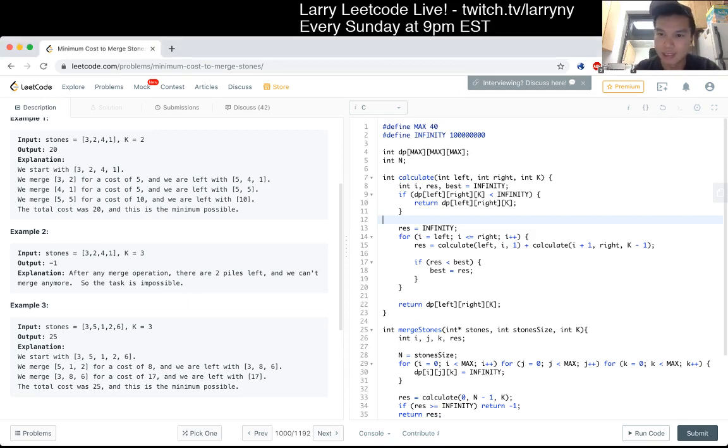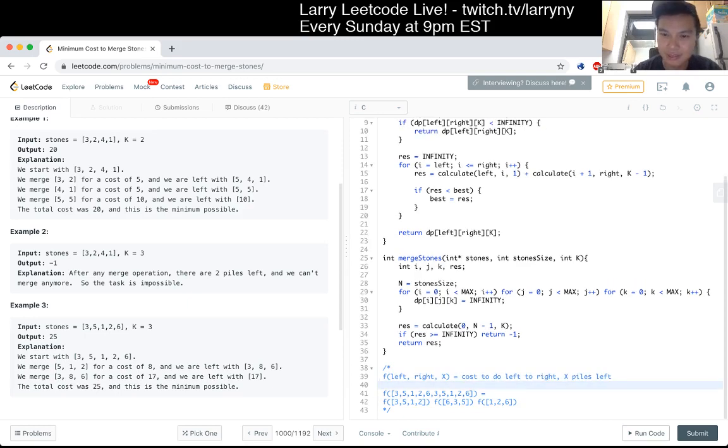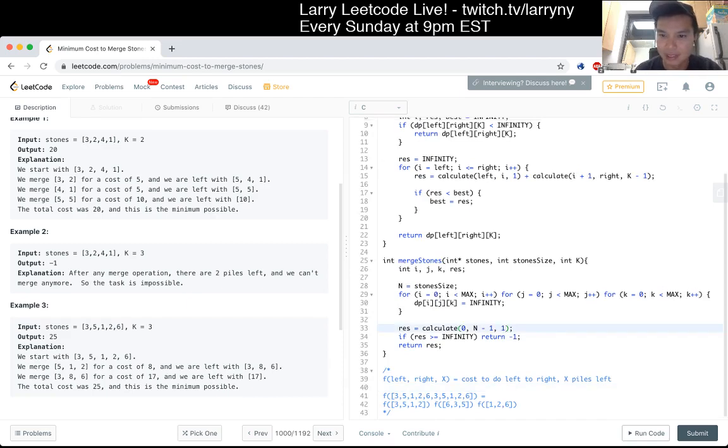Maybe I'm doing this k wrong. I think I confused k a little bit. Let's just say x piles left. Maybe that's a different thing. But we want one pile left in this case.